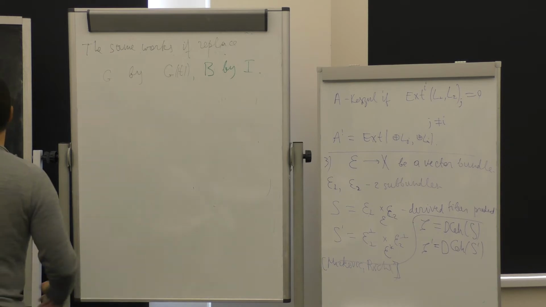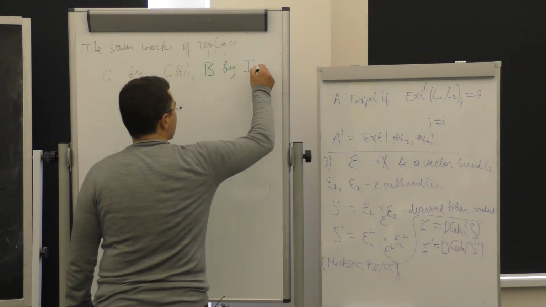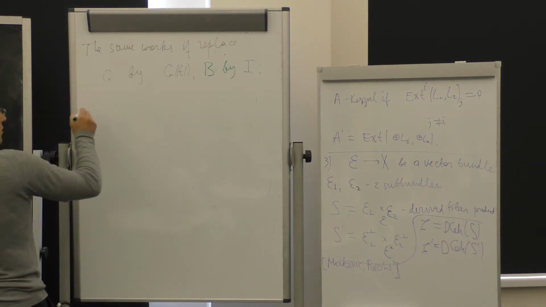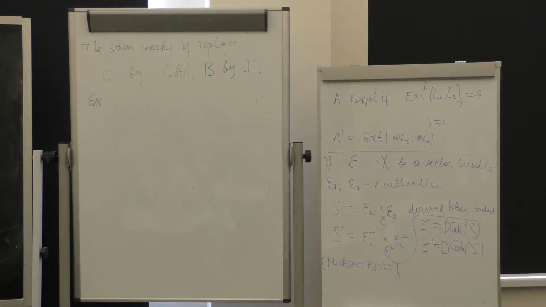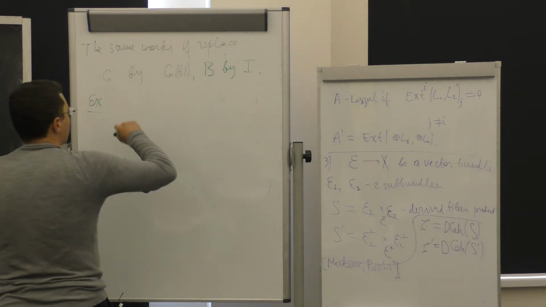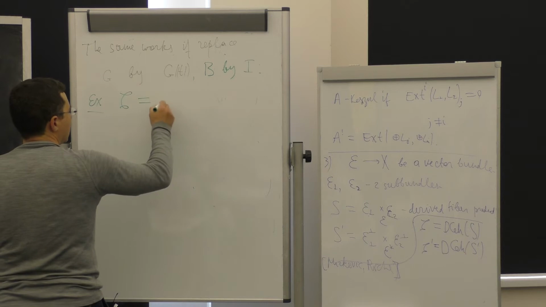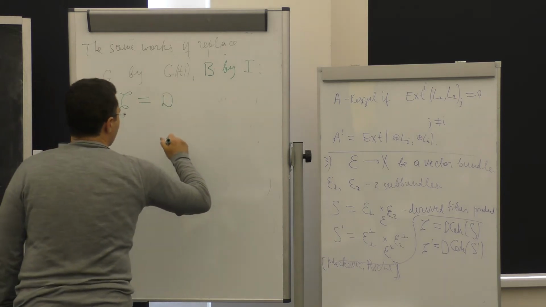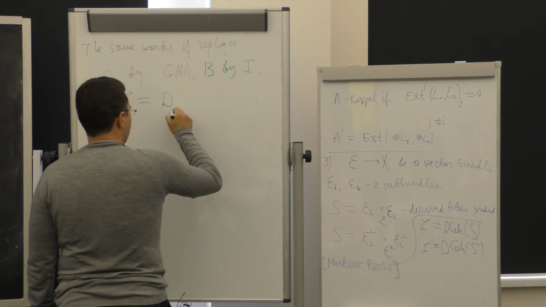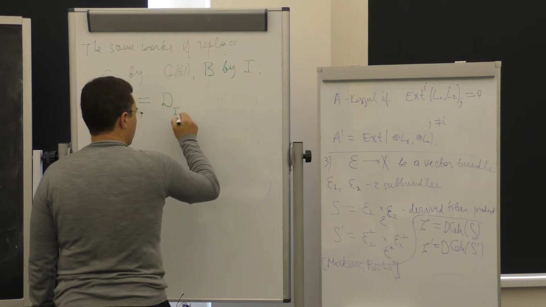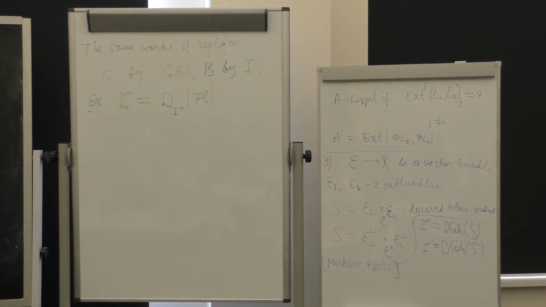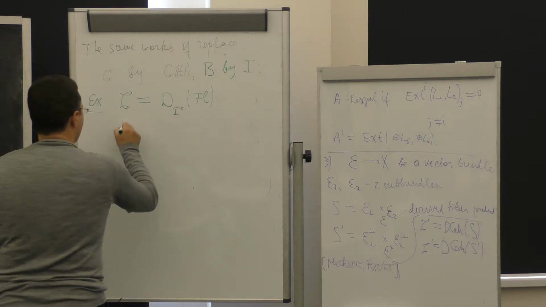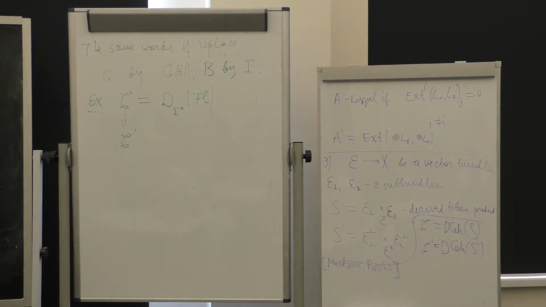To be more precise, I can take C to be the category D-mod, something very close to what appeared before, but now on the affine flag variety, and also C prime to be the same thing.